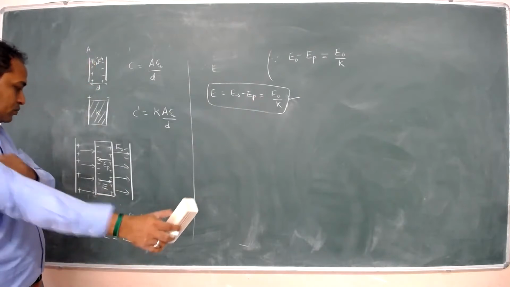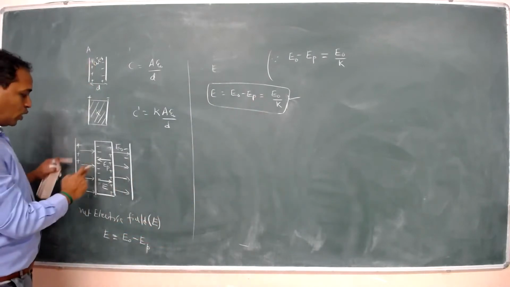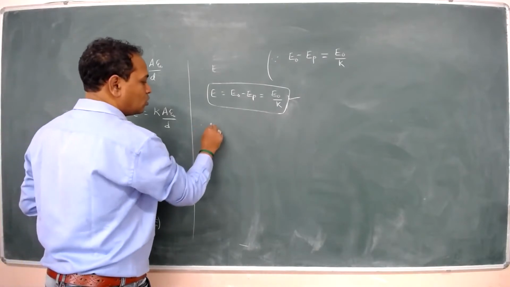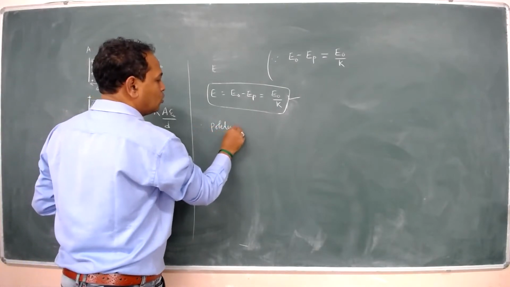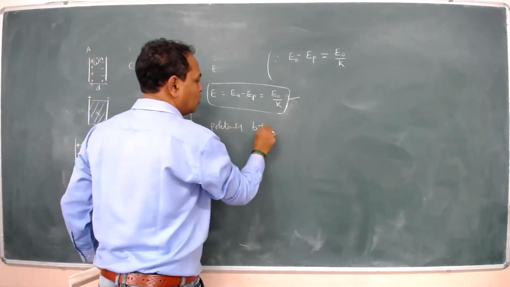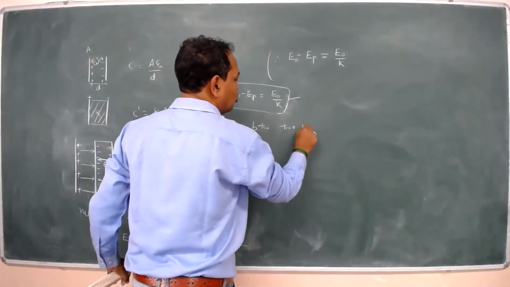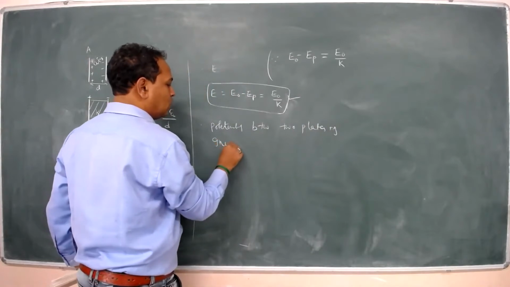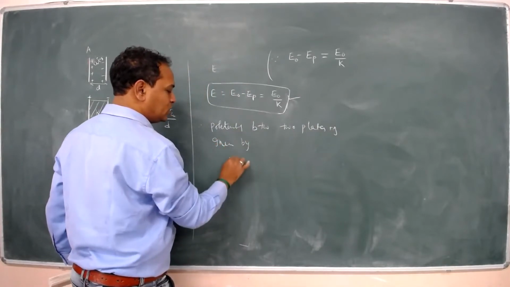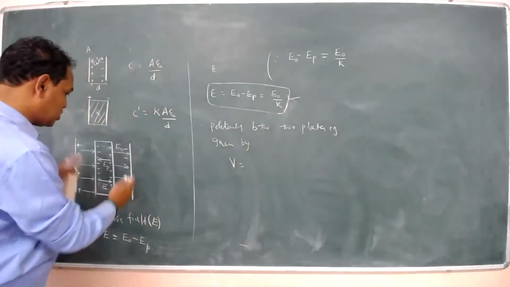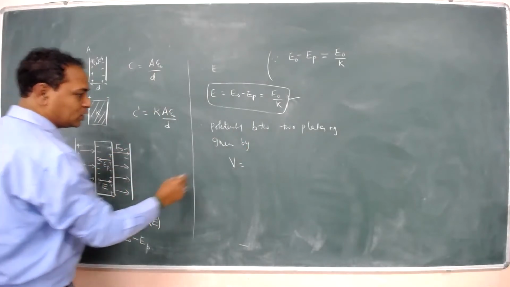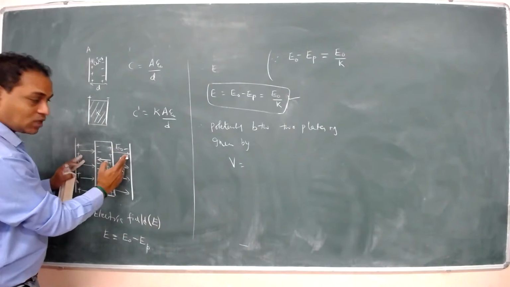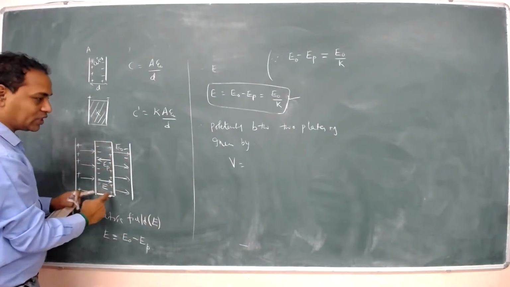Therefore, what is the net potential between these two plates? The potential between two plates is given by V, which is nothing but the potential between the empty space plus the potential across this dielectric slab.